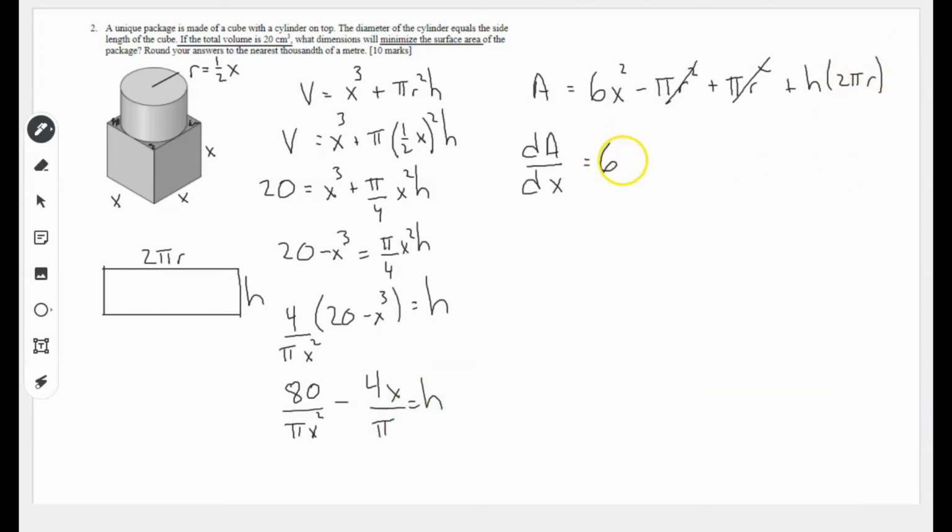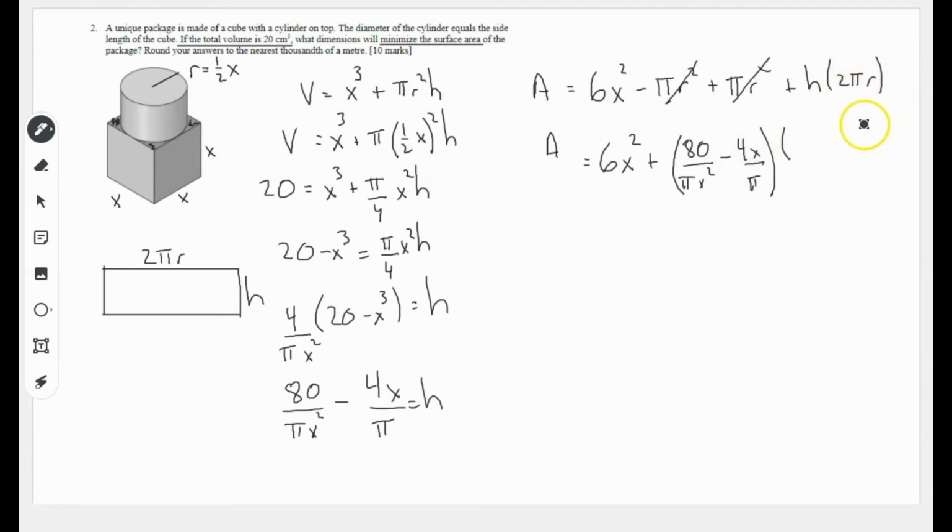So we have 6x squared. Hold on, I'm not going to take the derivative just yet. Let's just simplify this area a little bit first. So we get 6x squared plus h, which is 80 over pi x squared minus 4x over pi, all times by, we have 2 pi times r, which is a half x.